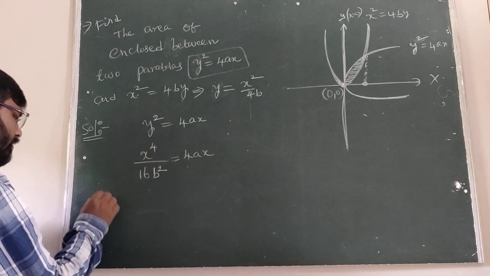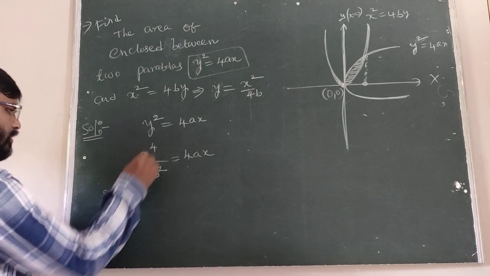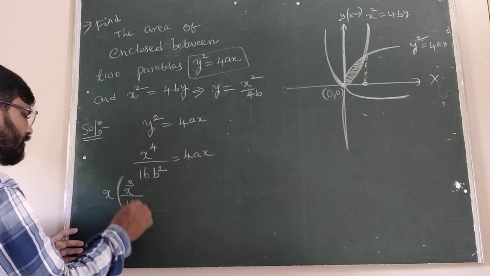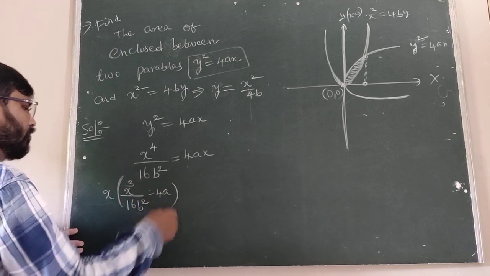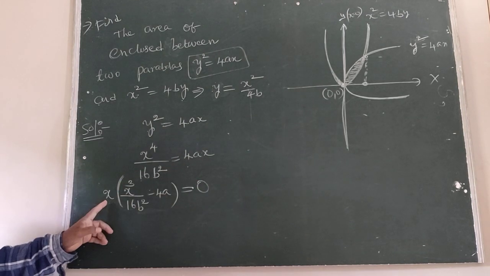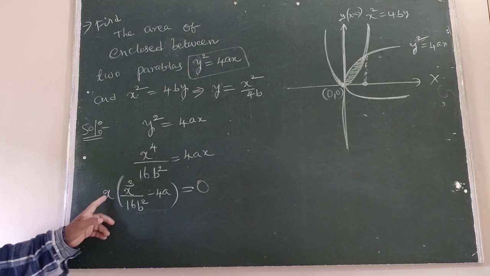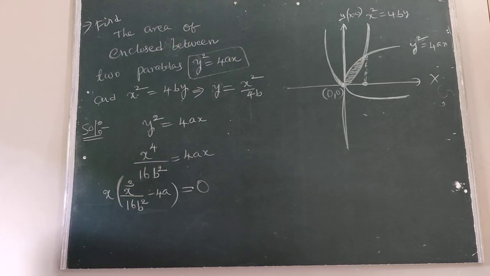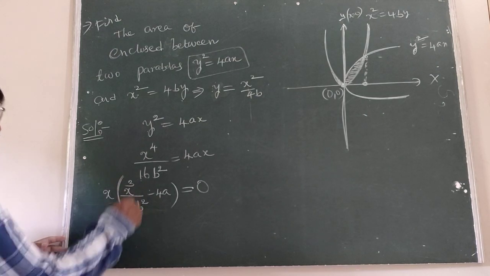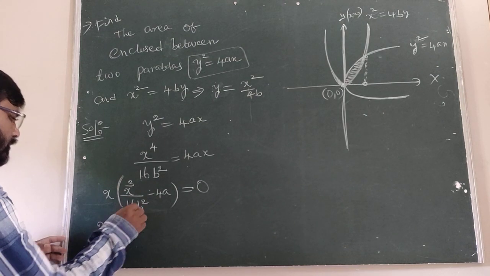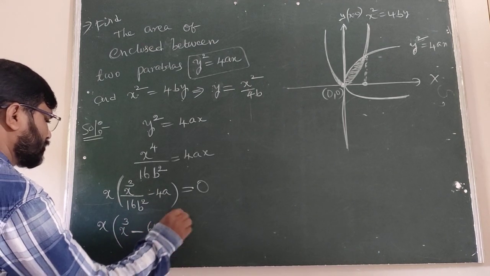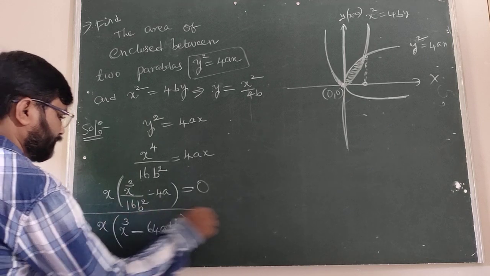Now we take x as common. Therefore x cube by 16b square minus 4a equal to 0. Taking x as common, it is x into x cube, that is x power 4 minus 4a, so x cube minus 64ab square equal to 0.